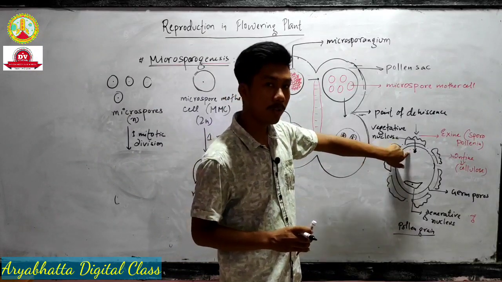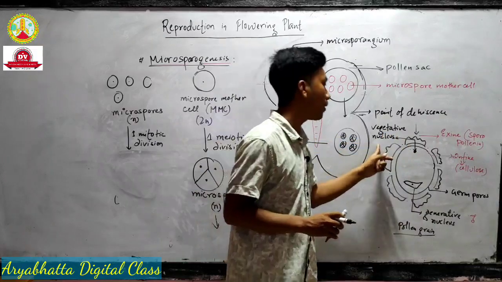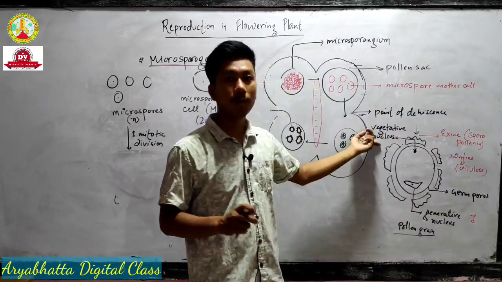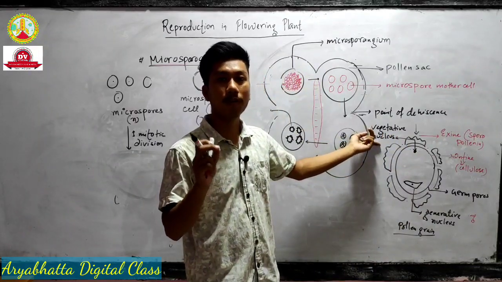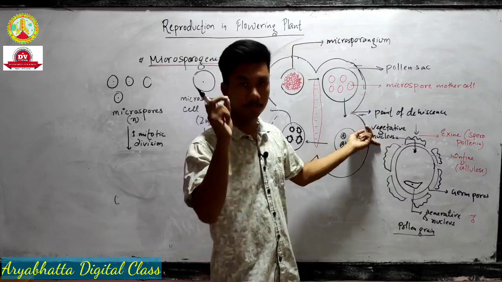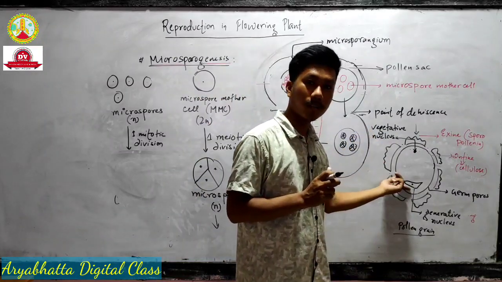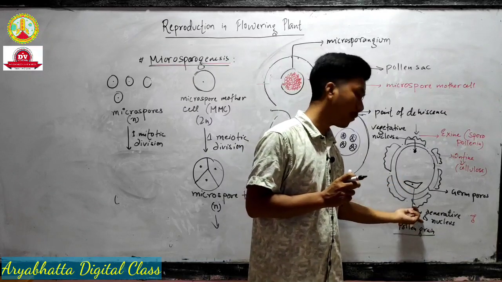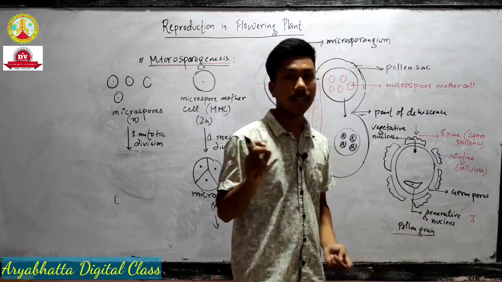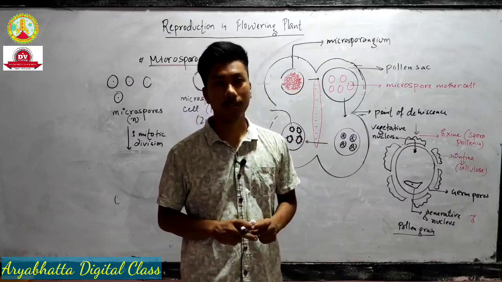Okay, one small nucleus known as vegetative nucleus, which is responsible for formation of pollen tube. Okay, and a bigger nucleus known as generative nucleus, which takes part in reproduction.